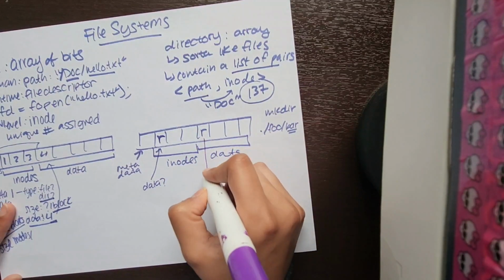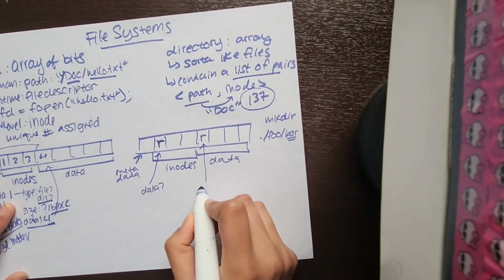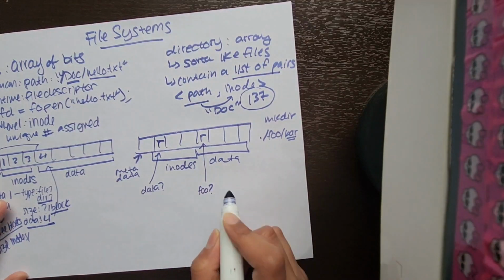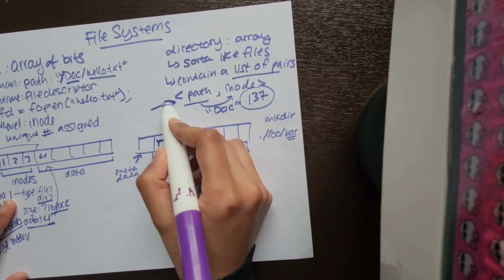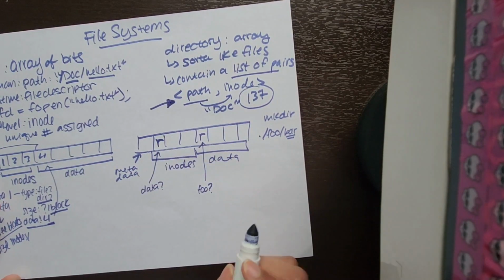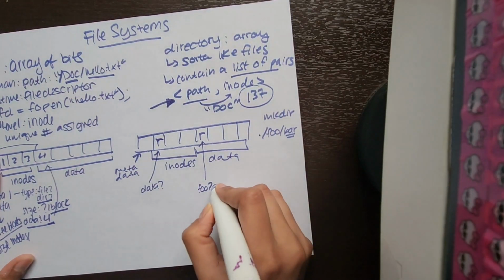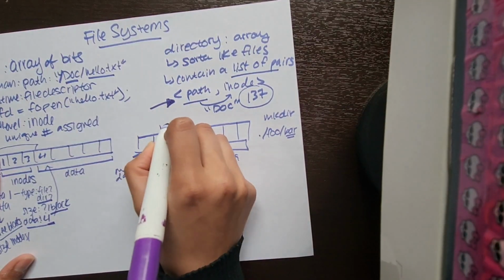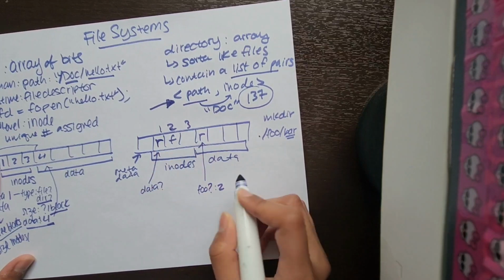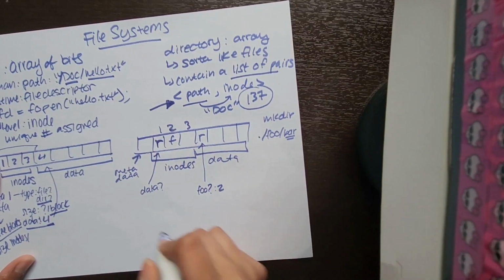Then you access the data and ask, oh, where is directory foo? You go through all the pairs in that list, and you find out that foo is at location 2. This is 1, 2, 3, right? So location 2. Now you know where that is.